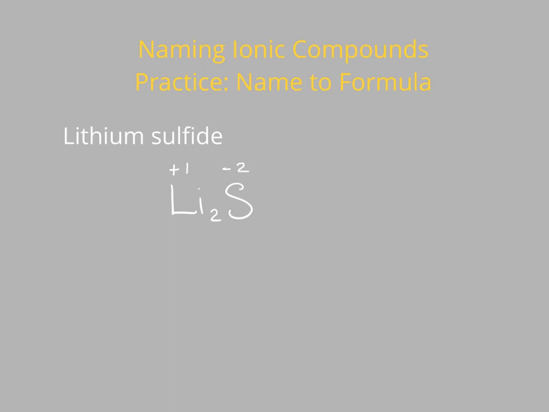And to double check, for my lithium, I have 2 lithiums, each with a +1 charge. So I have an overall positive charge of +2. And I have 1 sulfur, with a -2 charge. So I have an overall negative charge of -2. So my +2 and -2 balance out. So this compound, this molecule, is neutrally charged overall.